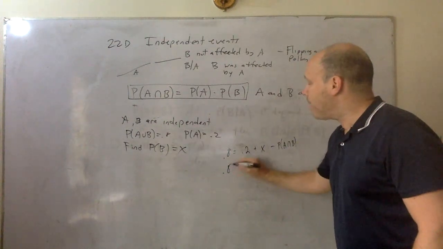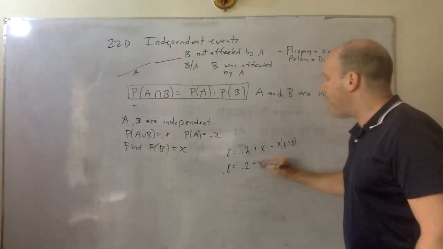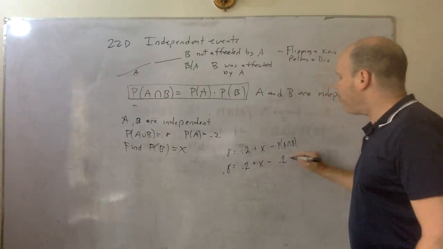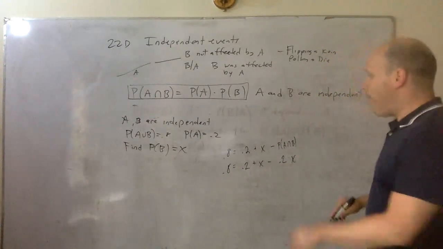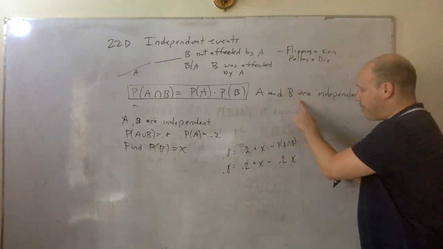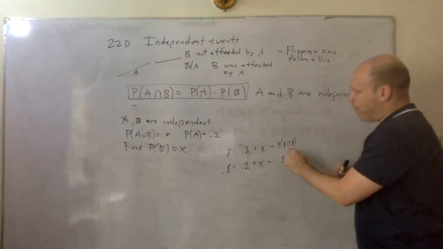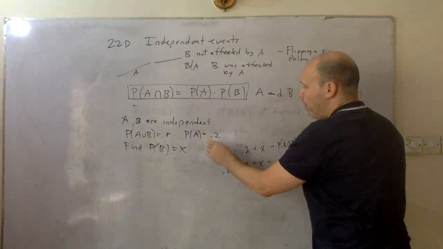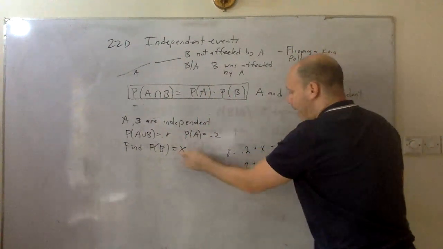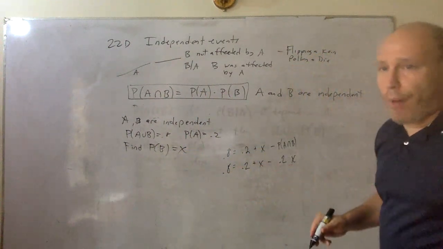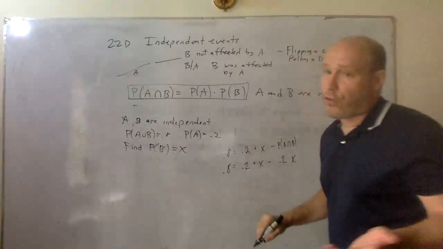So 0.8 equals 0.2 plus X minus 0.2 times X. Remember, because it's independent, the probability of A intersect B is the probability of A times the probability of B, X. Basic algebra problem. This would be a part 1 question.